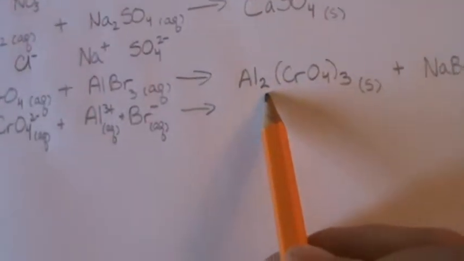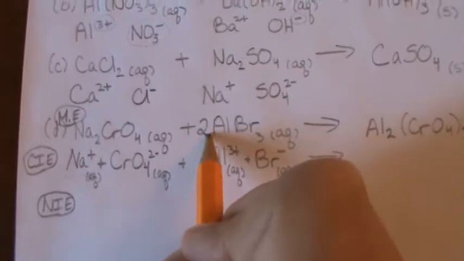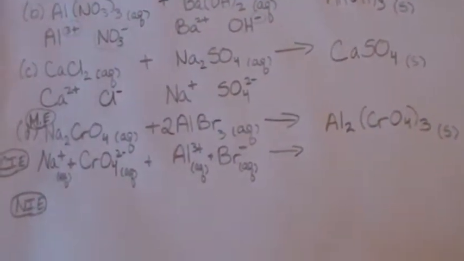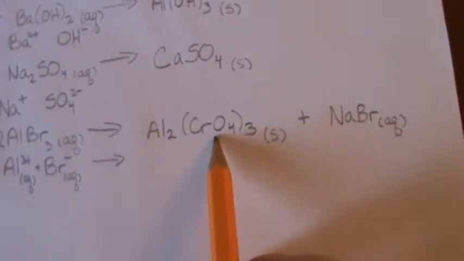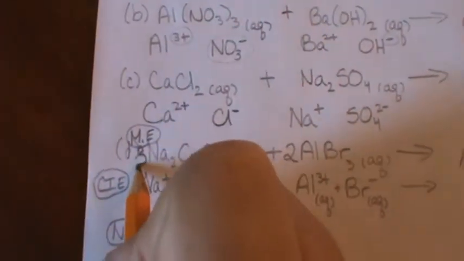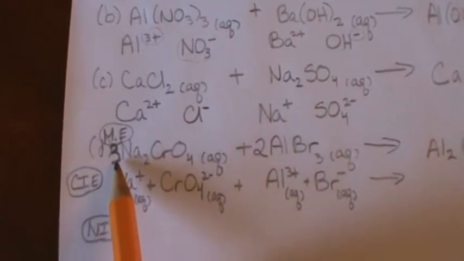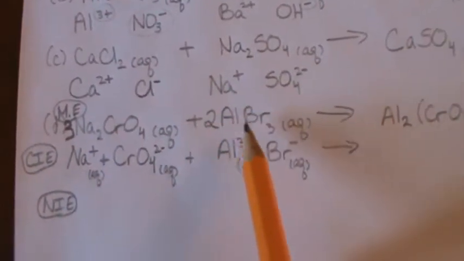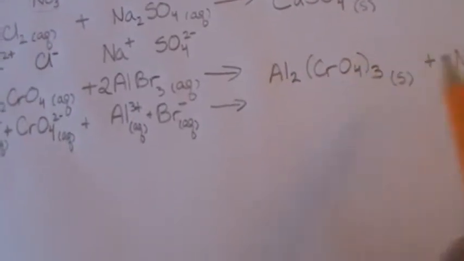Here I have 2 aluminums in my product, so I need 2 aluminum containing compounds in my reactant so that I have enough. And then over here I have 3 chromates in my product, so I need 3 chromates from my reactant. So I'm going to sneak in a 3 there. Hopefully that's not too difficult to see. So I have 3 sodium chromates plus 2 aluminum bromides makes Al2(CrO4)3, and now I need to balance these.